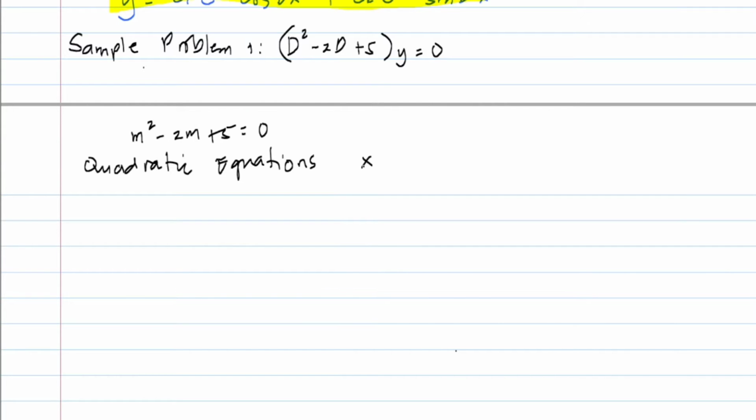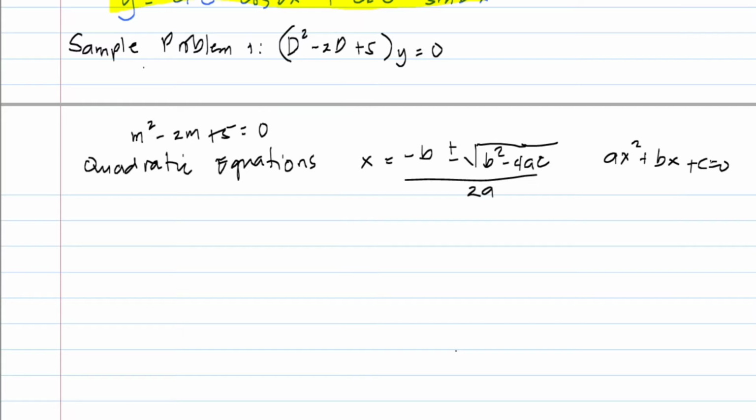We have x is equal to negative b plus minus square root of b squared minus 4ac over 2a, kung saan ang form ng quadratic equation natin is ax squared plus bx plus c is equal to 0, right?